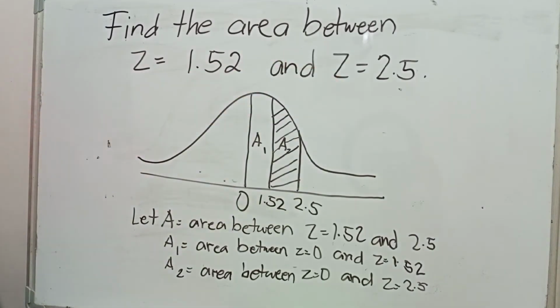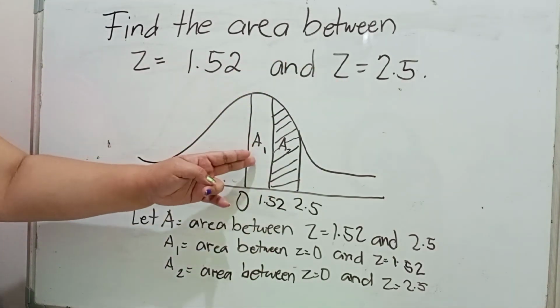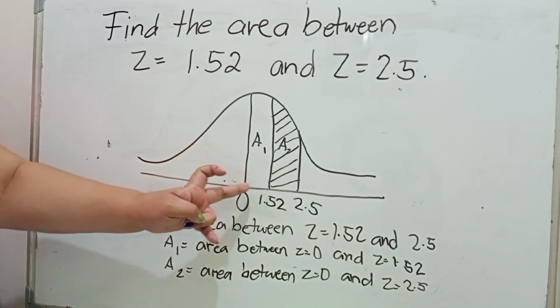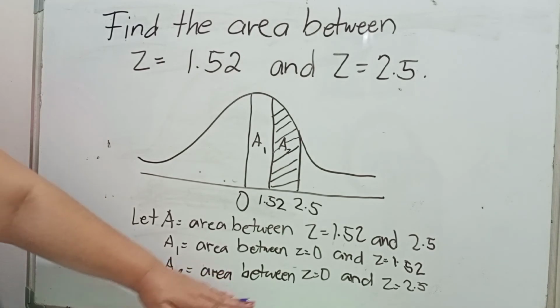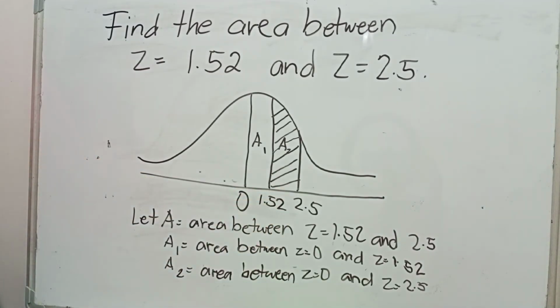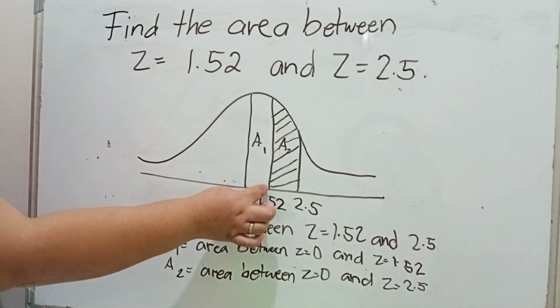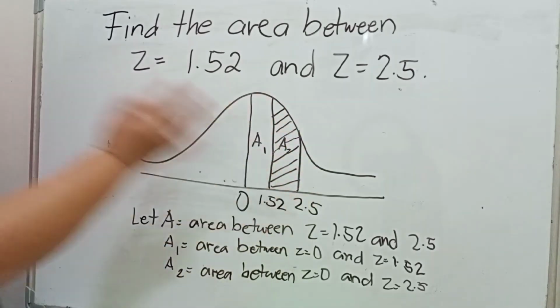This is our given. A sub 1 is the area between z = 0 and 1.52, and A sub 2 is the area between z = 0 and 2.5. Remember that we are finding the area between 1.52 and 2.5, so we are looking for this area.